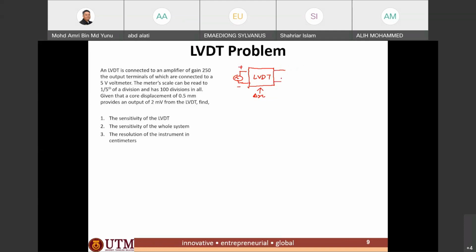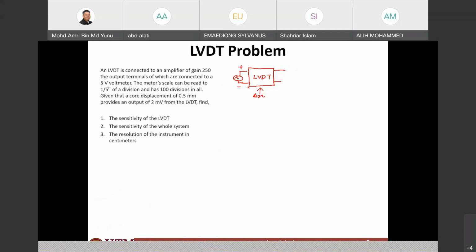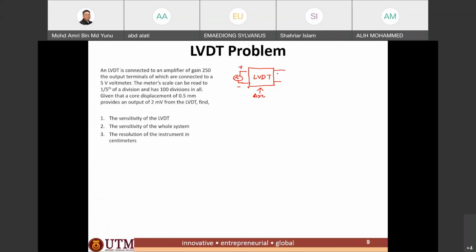And then it has an E out, connected to a gain amplifier with gain 250, and connected to a voltmeter.